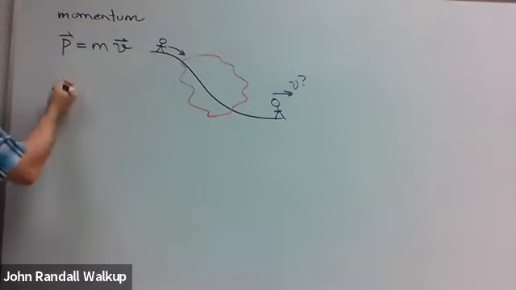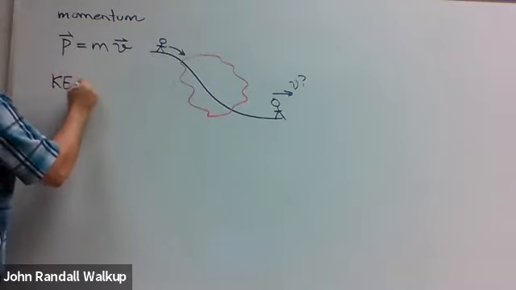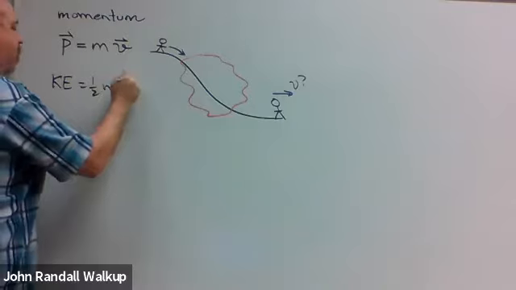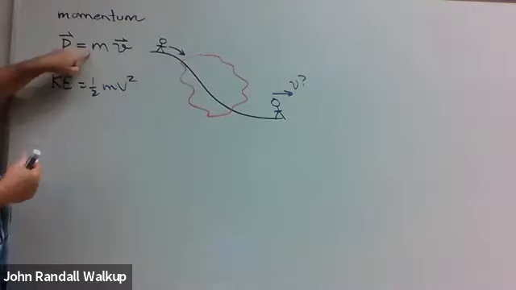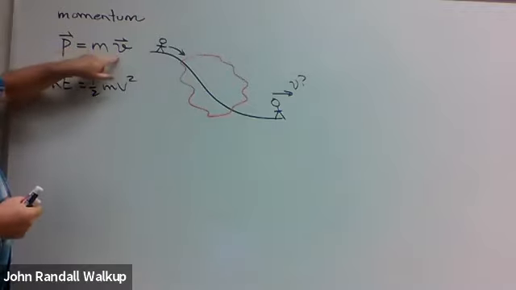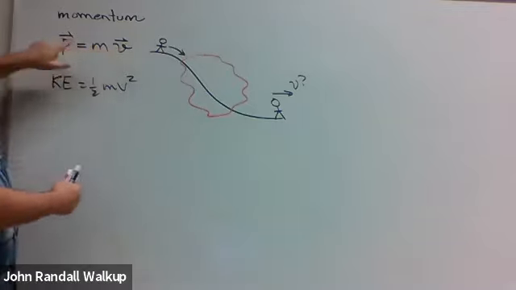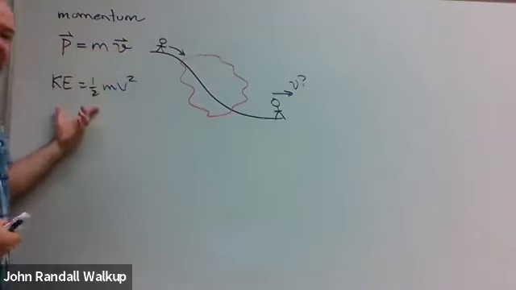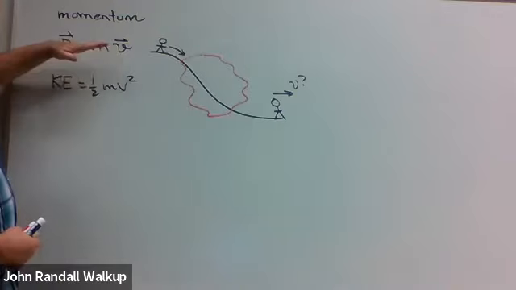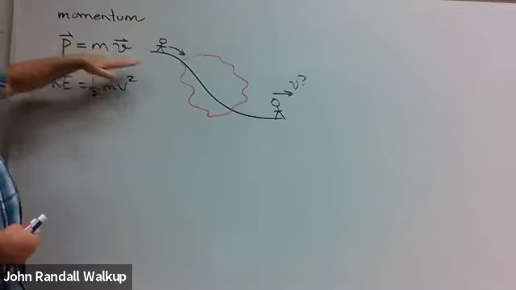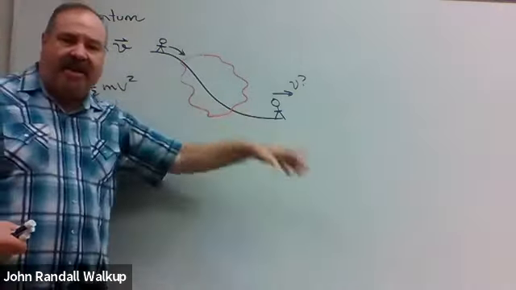Now notice the kinetic energy was 1/2 mv squared. The big difference is, well, of course, there's no 1/2 here, but velocity is not squared here. And this is a vector equation. This is not. So this will allow us to understand the directions things are traveling.